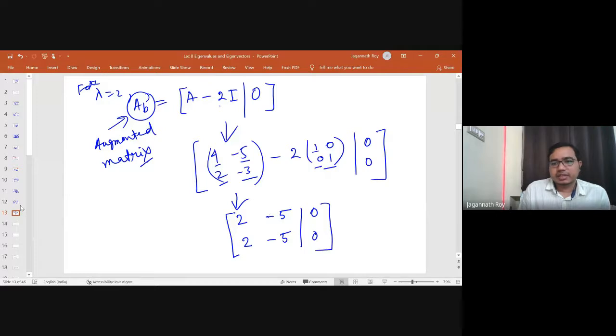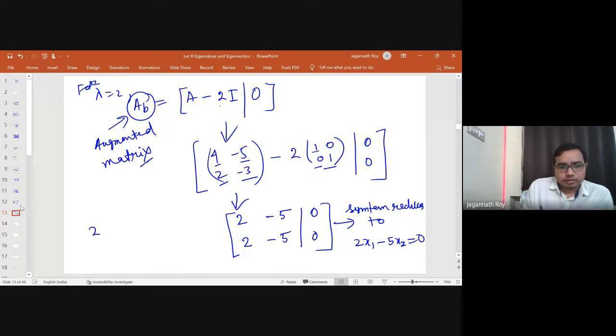So if you do the row operation, the system reduces to 2x1 minus 5x2 equals 0. So 2x1 equals 5x2.